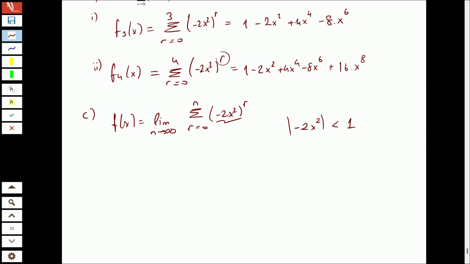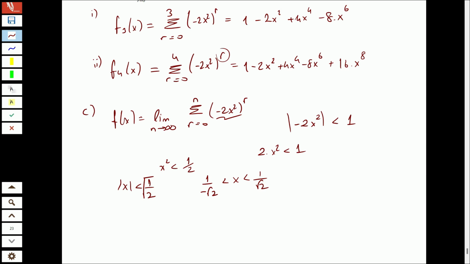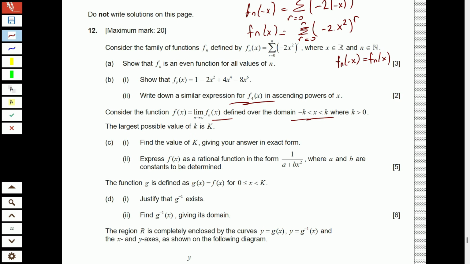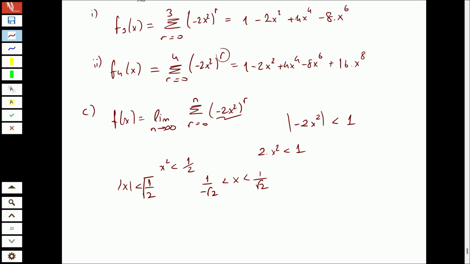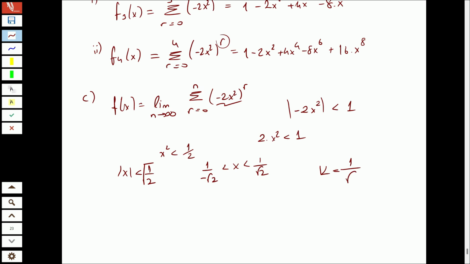So from here you can write 2 times x squared less than 1, which means x squared less than 1 over 2, and x between minus 1 over square root of 2 and 1 over square root of 2, because I know that the modulus of x is less than 1 over square root of 2. And so, find the value, which means that the largest possible value of k will be this number, 1 over square root of 2.